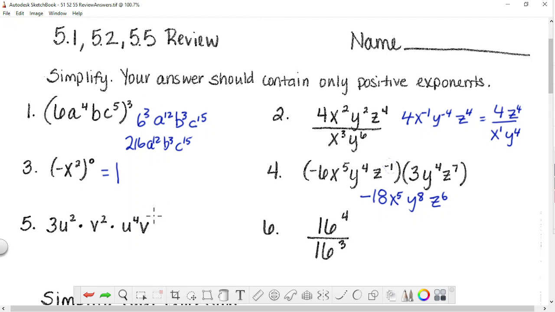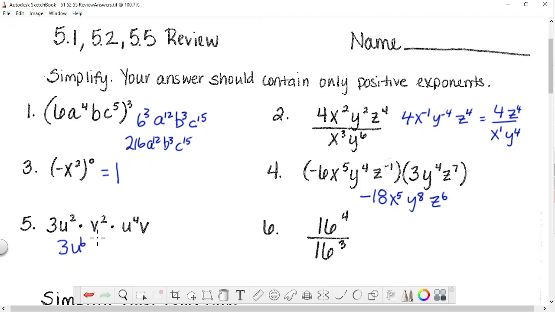So looking at number 5, we're going to multiply, and so we just look for the same variable and add the exponent. So we have a u here, and it's to the 4th power, and it's to the 2nd power, so we add those exponents. So we have u to the 6th, and I'm going to go ahead and write down the 3, okay, because it's nothing to multiply it by.